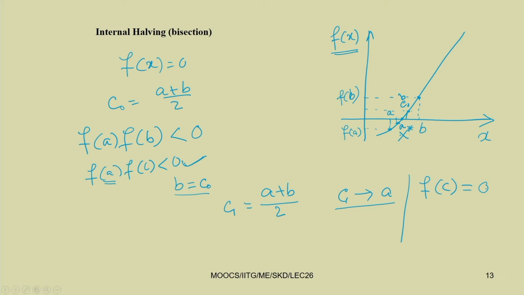If it is within some epsilon limit, we can take that C as the root. So, this way one can use this interval halving or method of bisection to find the root of the equation.